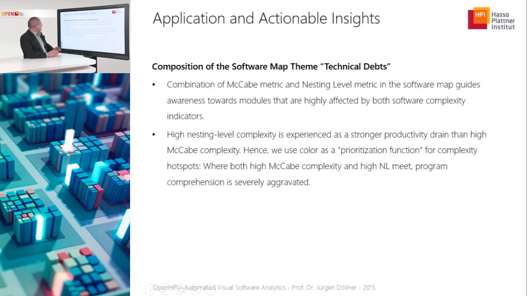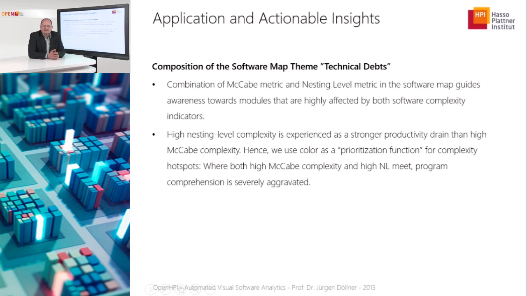The composition also uses a combination, and this combination, in our case McCabe and nesting level, guides somehow the awareness of the observer, of the user, of the expert towards modules that are highly affected by both software complexity indicators.